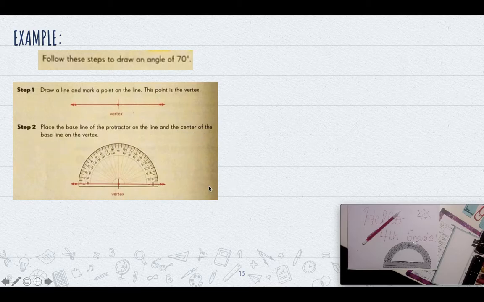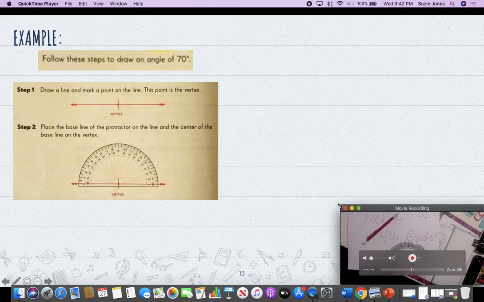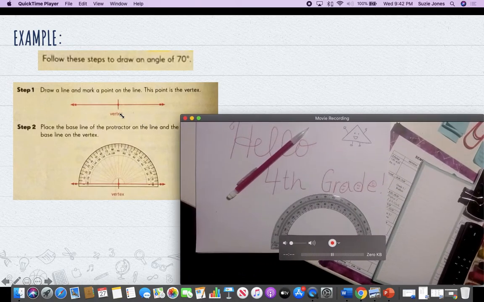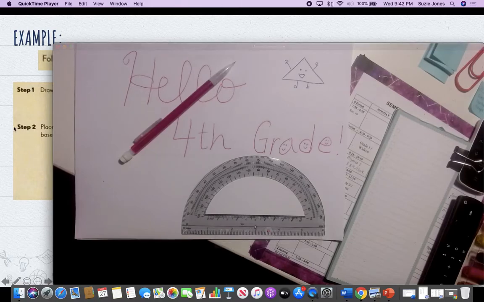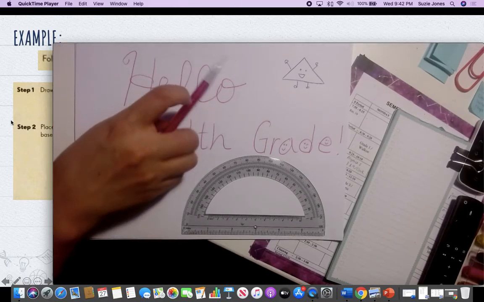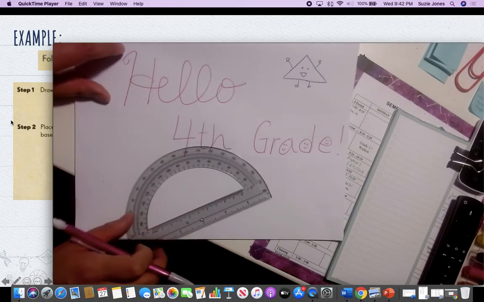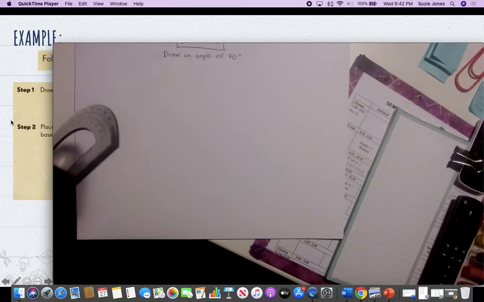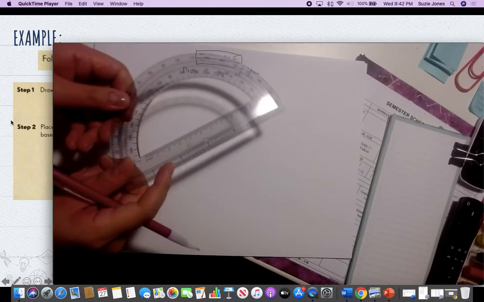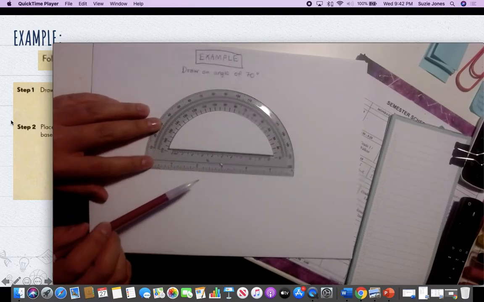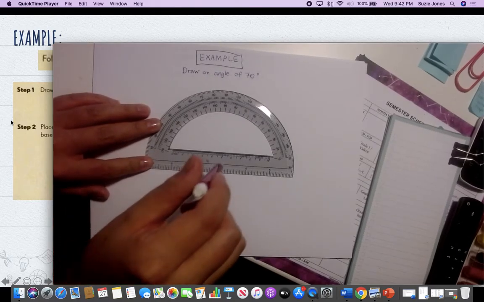Okay, so let me just make my video screen that's in front of you bigger, so you guys can see what I'm talking about. Okay, so first off, on our protractor here, we have a center point in here.